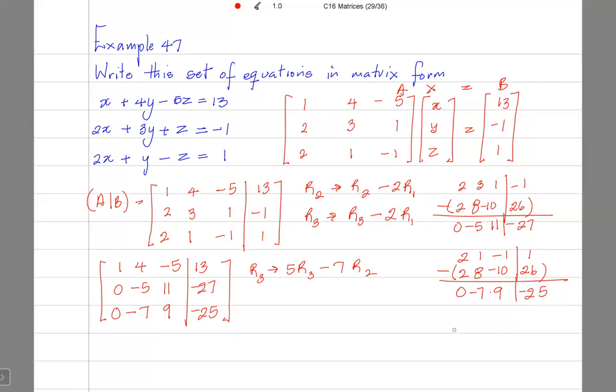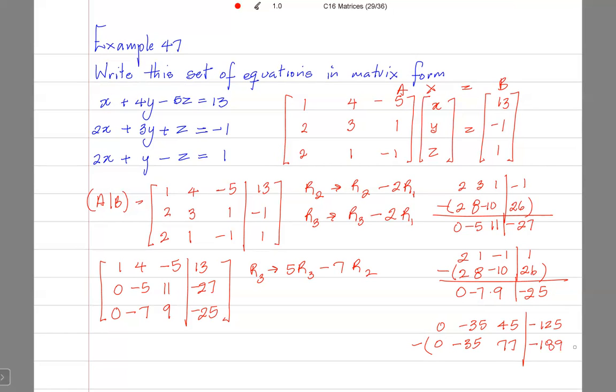So 5 row 3 is 0, minus 35, 45, minus 125. And 7 row 2 is 0, minus 35, 77, minus 189.